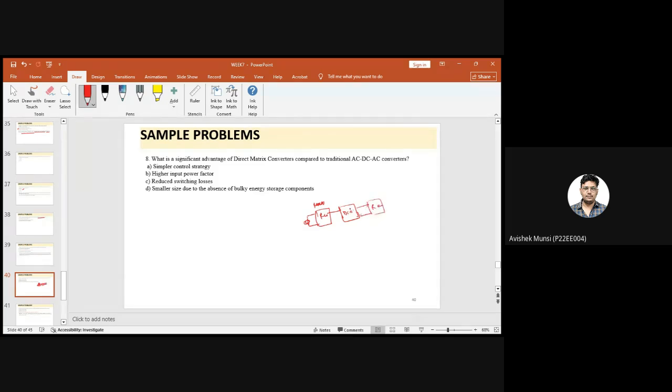So why are we not using this? Because direct matrix control is a simpler control strategy, it has a higher input power factor, reduced switching losses, and smaller size. Which one is correct?